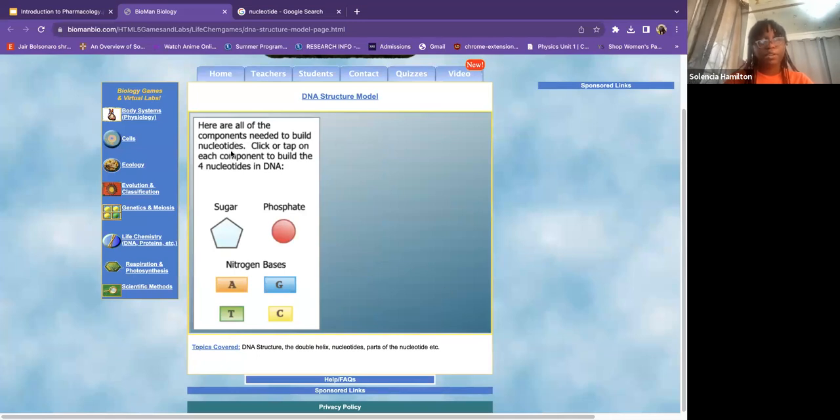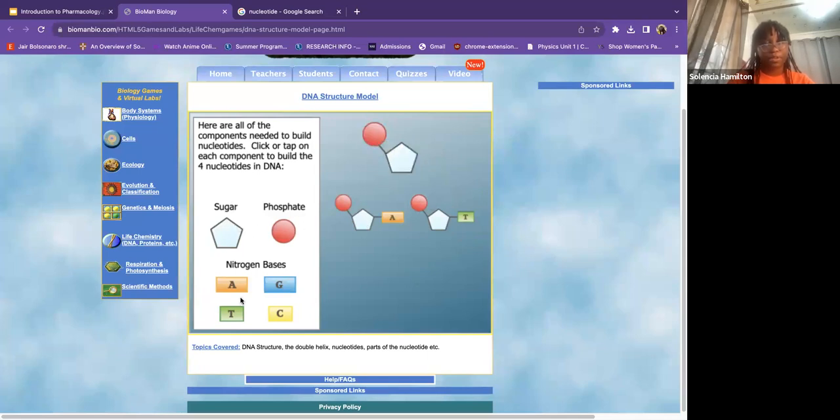Okay, so here are all of the components needed to build nucleotides. So first we have the sugar. This is a phosphate group. And these are the different bases. Let's build another one. And when these combine, that's how we get the DNA molecule to form.